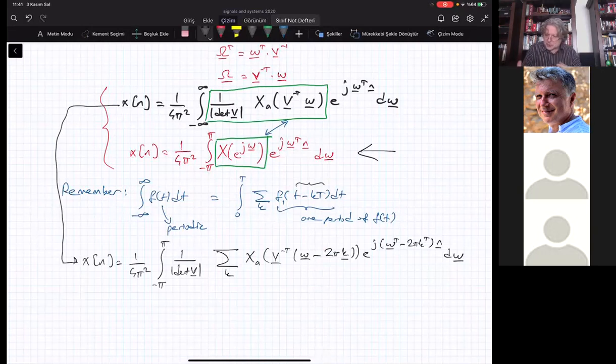But the exponential term looks a bit awkward, because here I don't have e to the j omega transpose n. I have e to the j omega transpose minus 2 pi k for some integer numbers of k times n. But it's equal to e to the j omega transpose n times e to the minus j 2 pi k transpose n. Okay, this exponential.